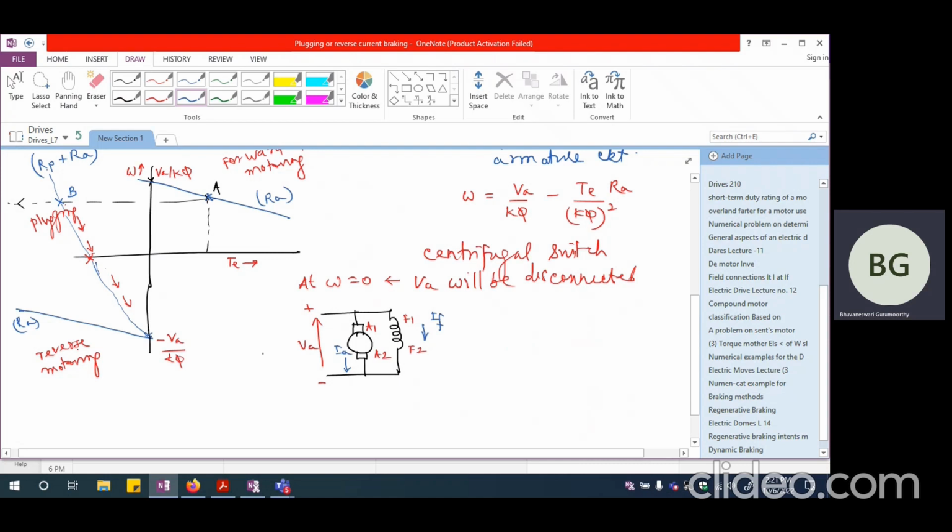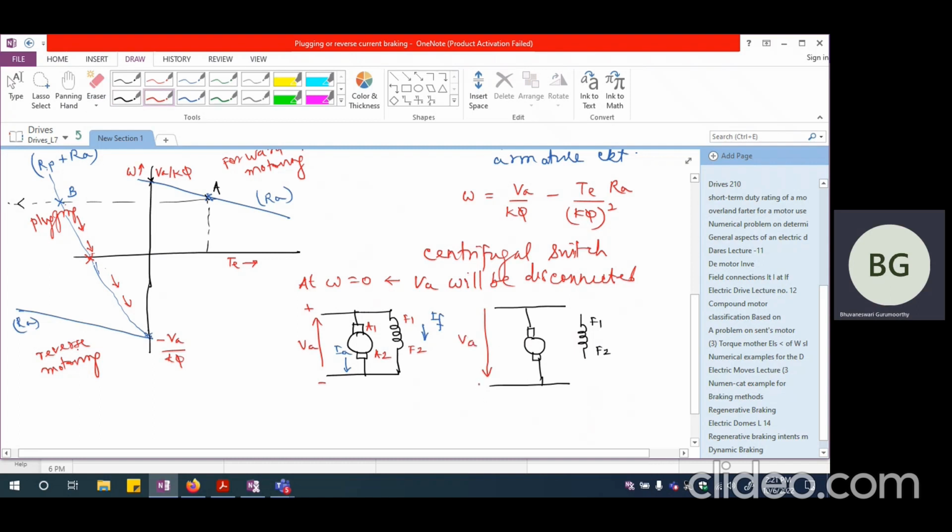But the moment I reverse VA, this is the armature connection. The field connection I'm going to still show as though this is F1 and this is F2. And here is my VA. So VA is going to be the other way around because during plugging we connect it in the opposite direction.